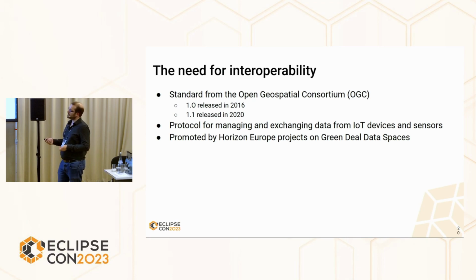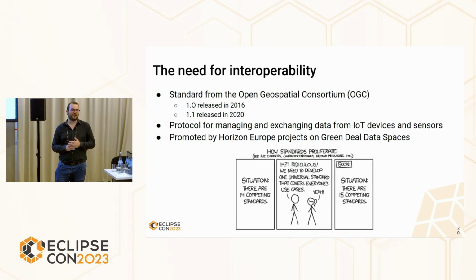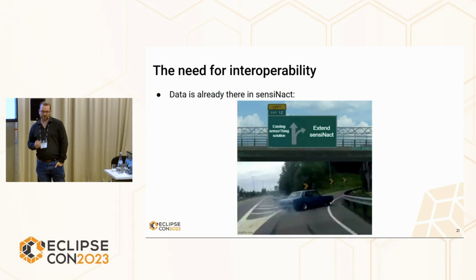So the idea is, as always, to manage data from IoT devices. First time I heard about it, I thought at this picture a lot. So the city of Vienna had two solutions.